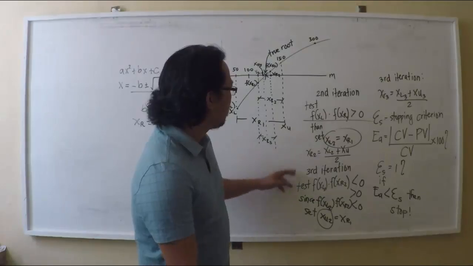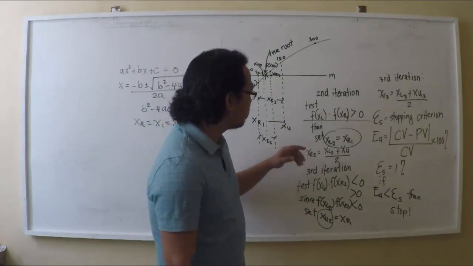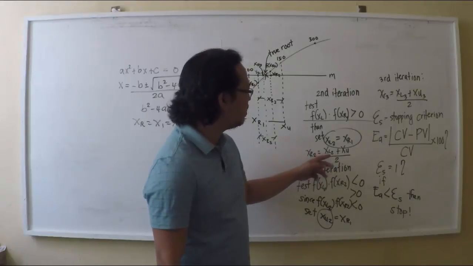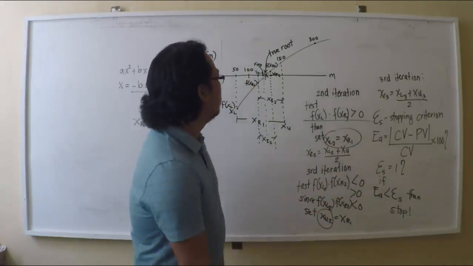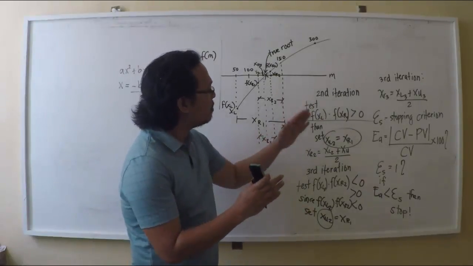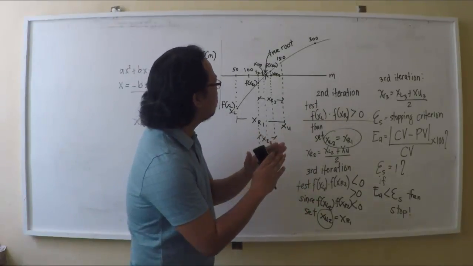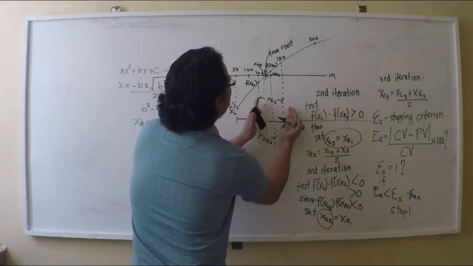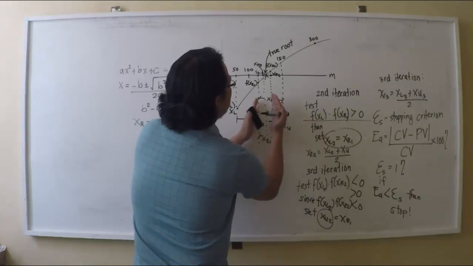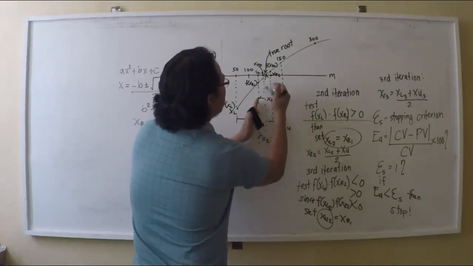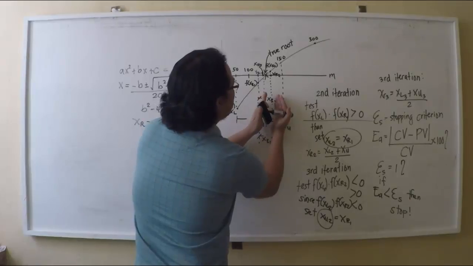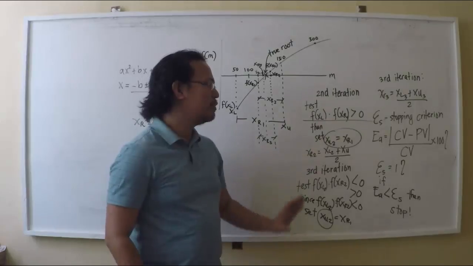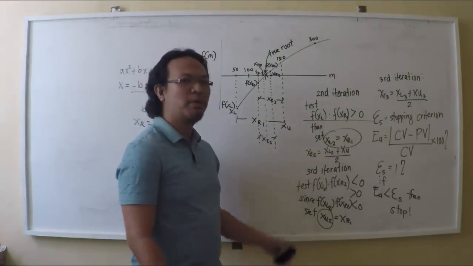The bisection method solves for the root in this manner: divide the lower and upper boundary into 2, and as you move iteration by iteration, you are moving closer to the root. For example, we started here, then the second iteration, then the third iteration, and the fourth iteration will be somewhere here, until you really hit the root. And when you test this, everything will be okay.